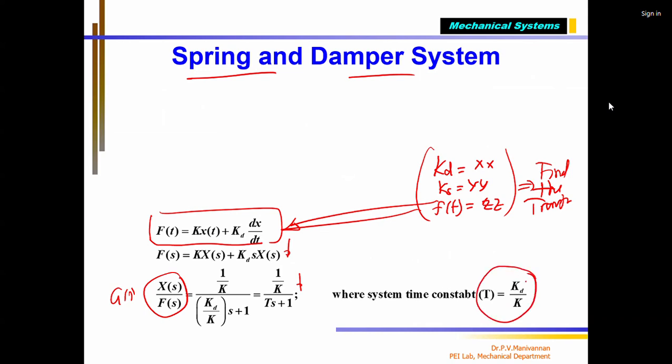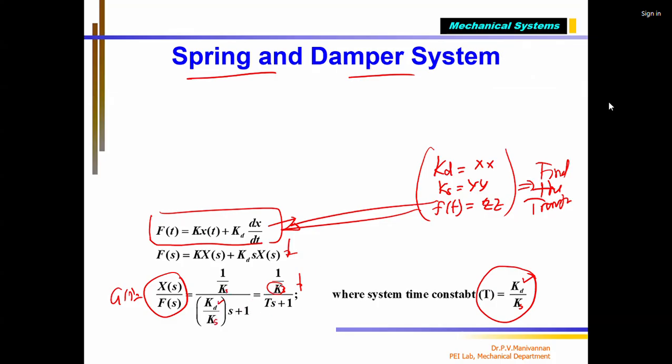Calculate this, because KD is given, KS is given, and F of t is given. Then you can write the mathematical model in time domain, convert to Laplace domain, and find the transfer function. Once you find the transfer function, you substitute the values, since KD and KS are available.